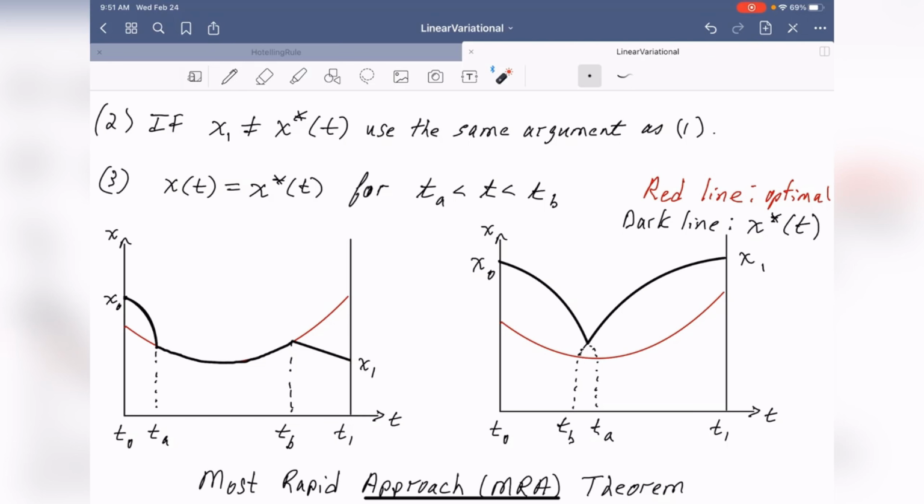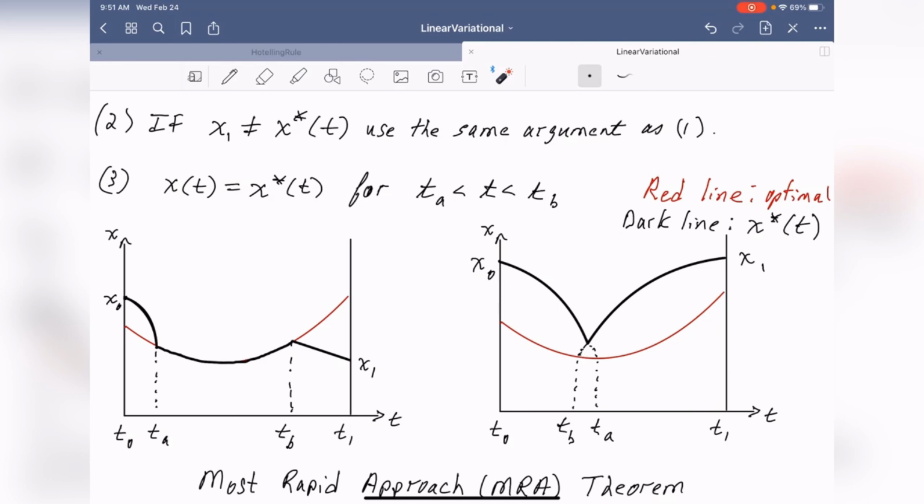So if x0 is above the value of x star(t) at this point, you want to get down as quick as possible to the turnpike, to the optimal path, follow the optimal path, and then get off it at a particular time, tb, to get to your final destination. So think about that when you travel. All right, that's the turnpike theorem.